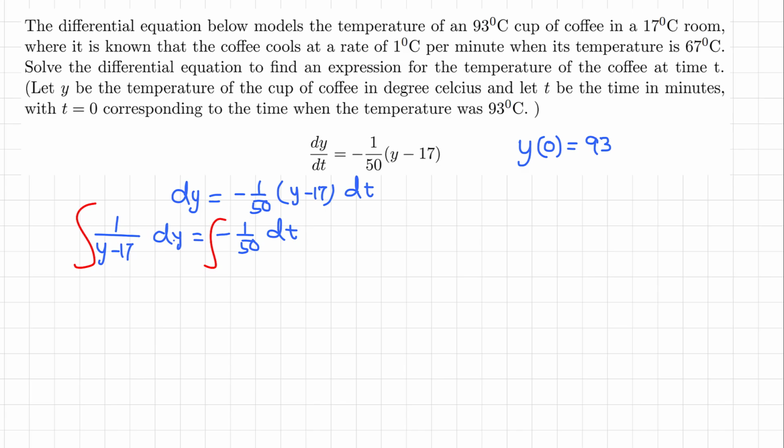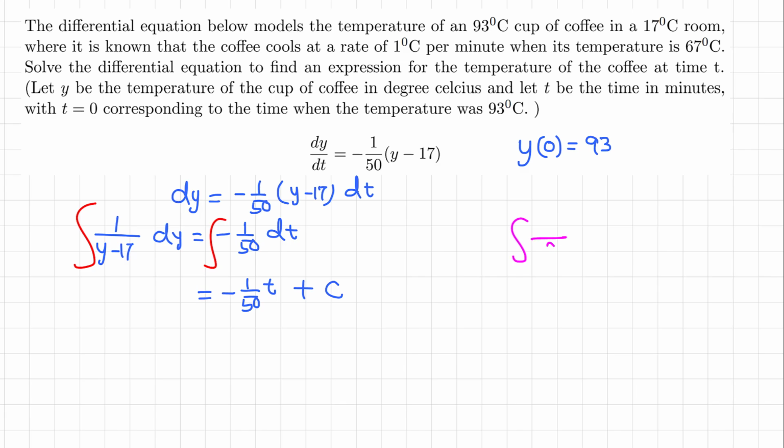When we did this, we separated the variables. Next thing we want to integrate. This is constant dt, meaning the integral is just that constant times t. The constant we can pull outside, so the integral of 1 dt is just t, plus c. Here, 1 over y minus 17 has the derivative of the bottom, which is 1, on top.